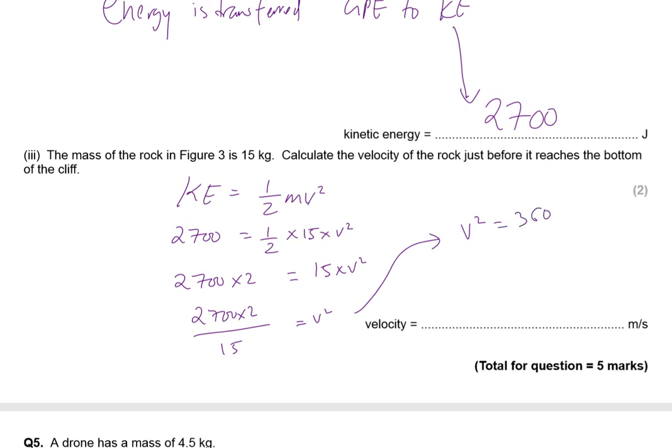This equals 36, and v equals the square root of 36, which equals 18.97. So we can round this up to 19 if you want. That's it. Again, look how we need to do it.